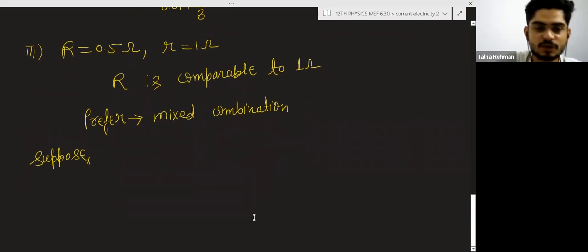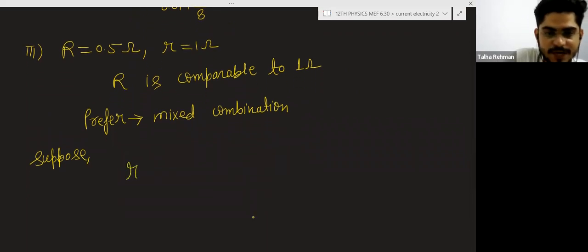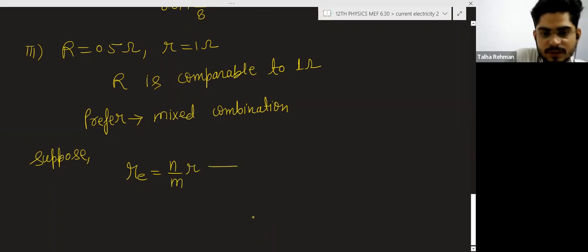And for the mixed combination, what is the equivalent internal resistance? N by M into R. This is equation 1.